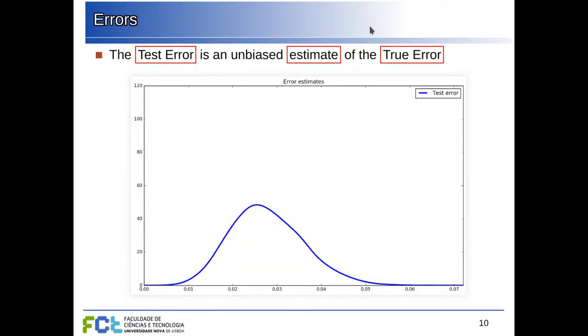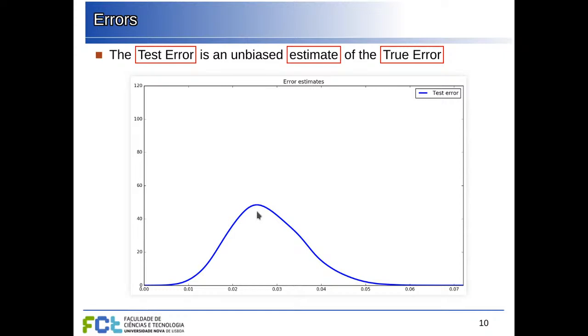So the idea is that this is an unbiased estimate of the true error, because on average, if we were to repeat this infinitely, we would get a distribution like this. Sometimes we would get a higher estimate of the true error, sometimes a lower estimate, but on average it would all tend to the real value of the true error.